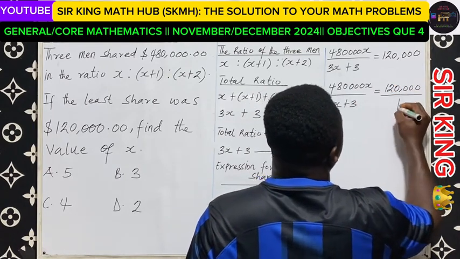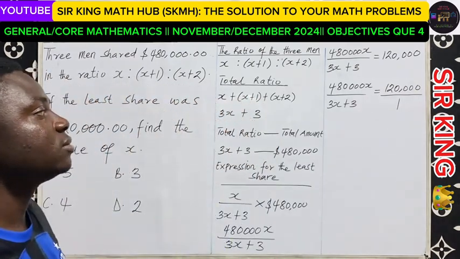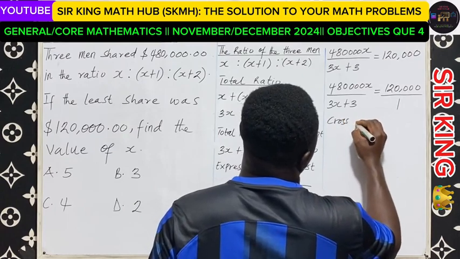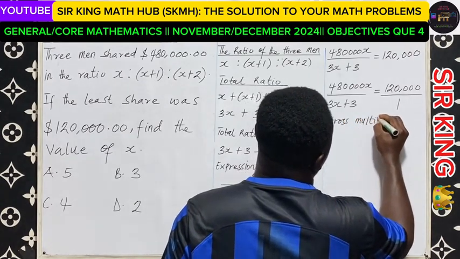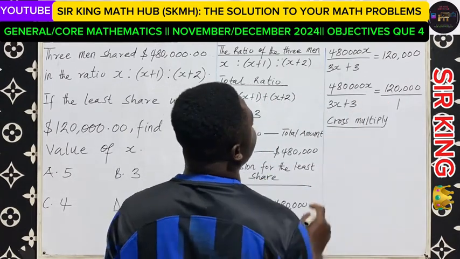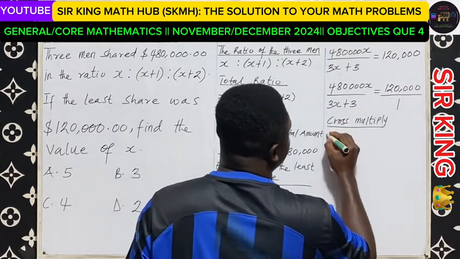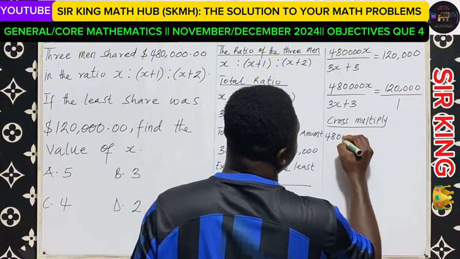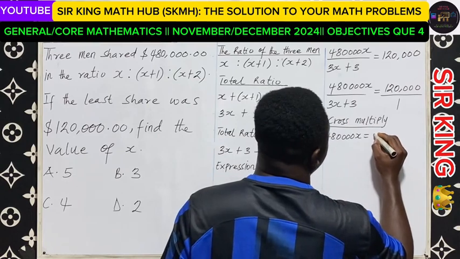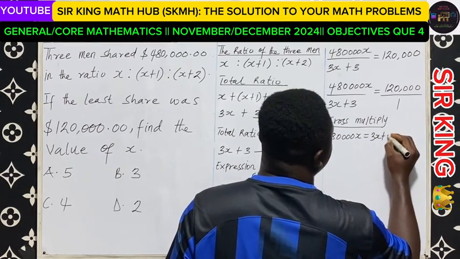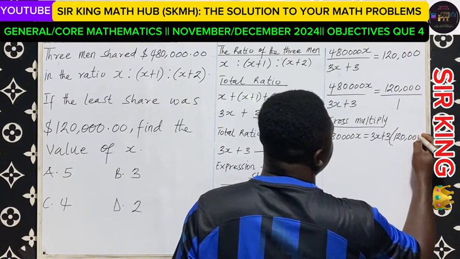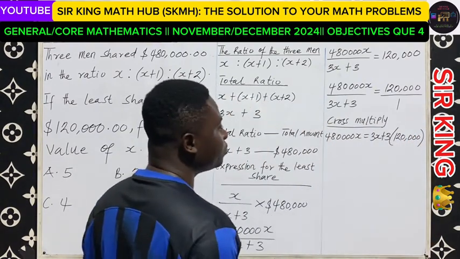So 120,000 can also be written as 120,000 over 1. At this point, we can cross multiply. So 1 multiplying 480,000x, we have 480,000x, and then 3x plus 3 multiplying 120,000.